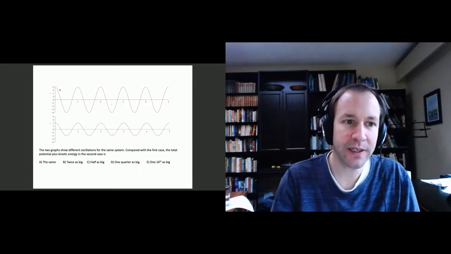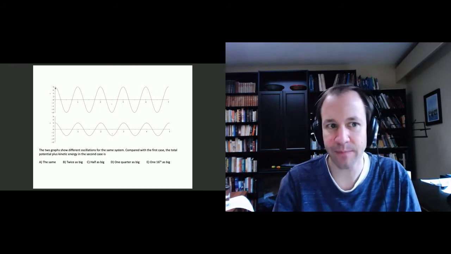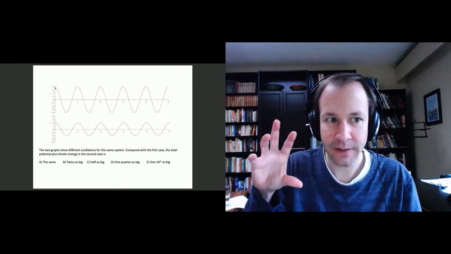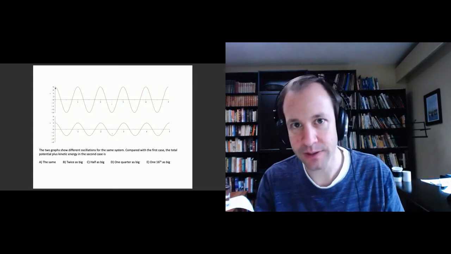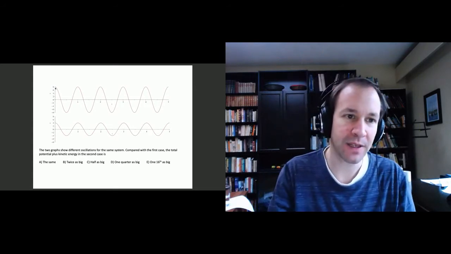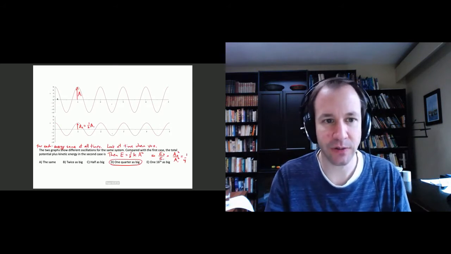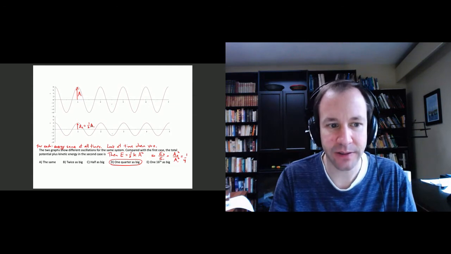Because then what we know is that we can write the total energy at that initial time as just 1/2 times k times the displacement squared, because the kinetic energy is equal to 0. Okay. And so in the second situation, we notice that the amplitude is 1/2 of the first amplitude.